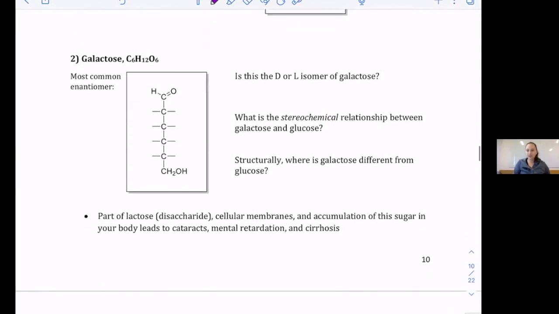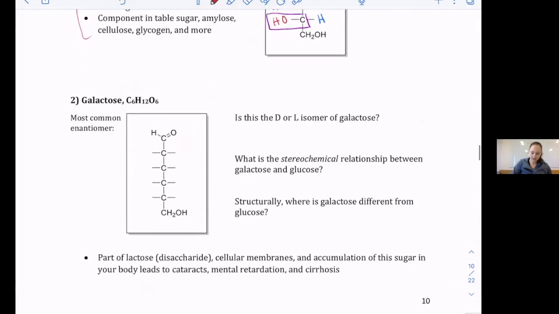Let's look at galactose now. We're going to look at the most common enantiomer first. What colors did we do up here? Oxygens in red. So for galactose, we have right, left, left, right.